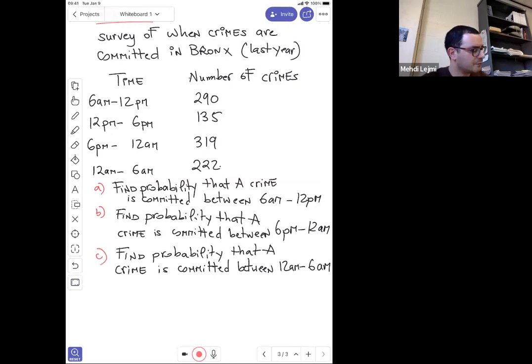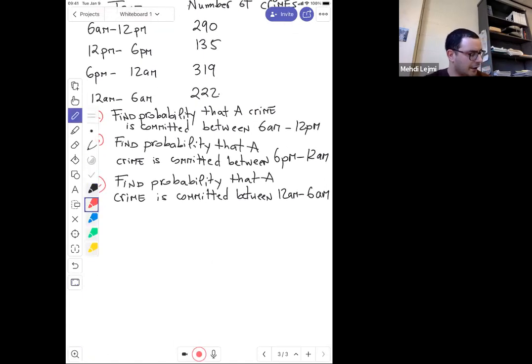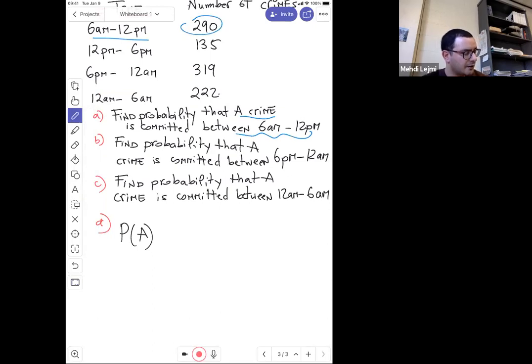All right, guys. Because we're gonna do more exercises, let me just go over this. I understand this is still confusing, but for A, the probability of the event A. What's the event A? The event is that a crime is committed between 6 a.m. and 12 p.m. From 6 a.m. to 12, we have 290 crimes committed, right?